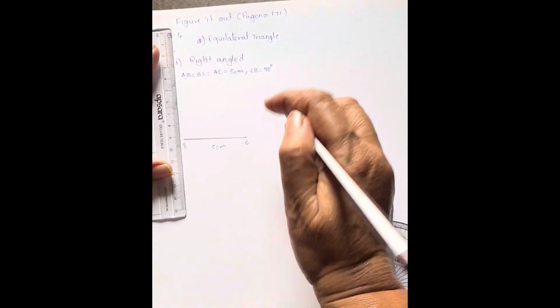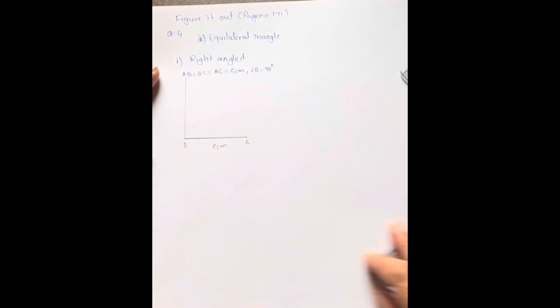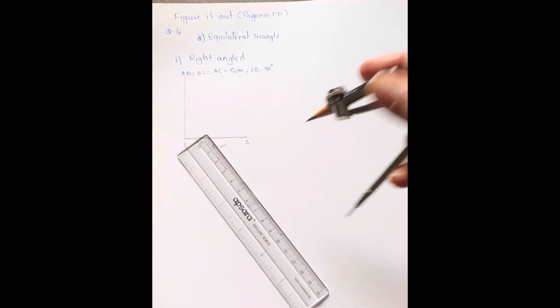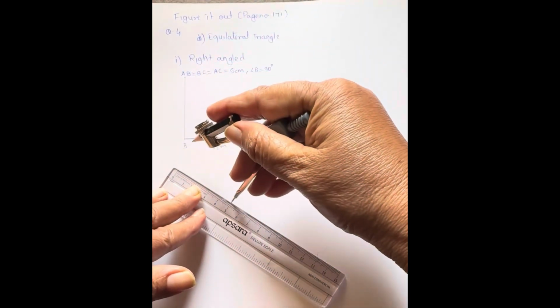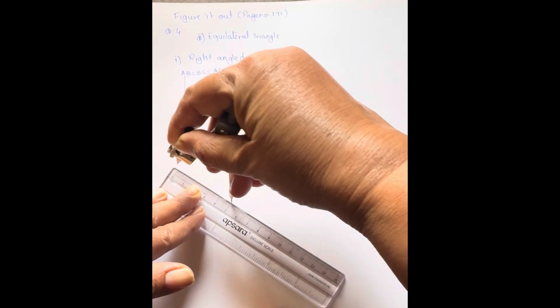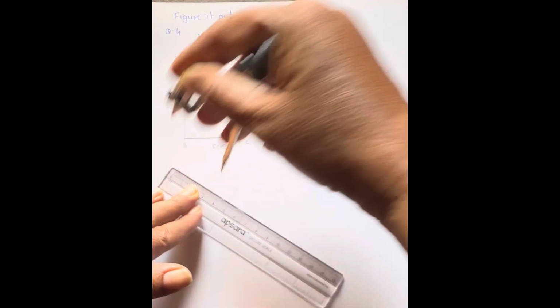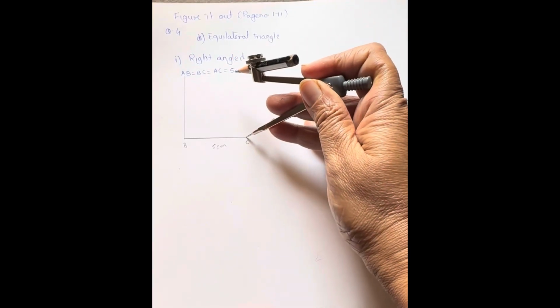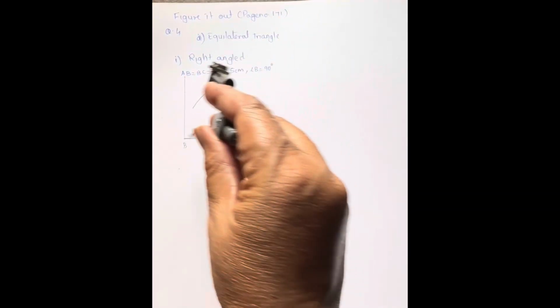So here is our somewhere point A. Now we want 5 centimeter. All the lengths should be 5 centimeter because it is an equilateral triangle. Fine. So what we do, we keep this as a center and we cut an arc 5 centimeter. We keep B as a center and with the same radius we cut an arc.